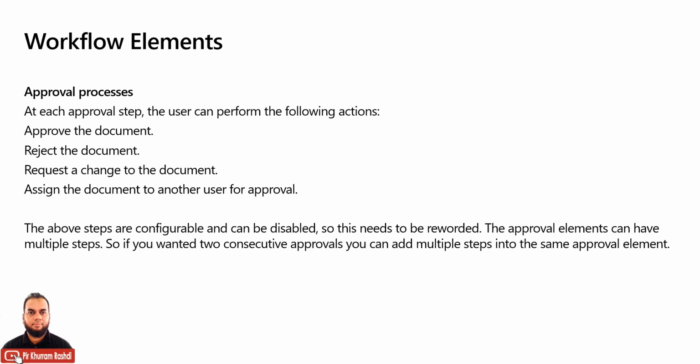And then requesting a change to the document means whenever the document has errors or certain things are missed, the approval authority can notice it and assign it back to any of the previous levels, or directly to the originator who originated the workflow. And assigning the document to another user for approval can be, for example, on the same level, or perhaps a person is on leave.